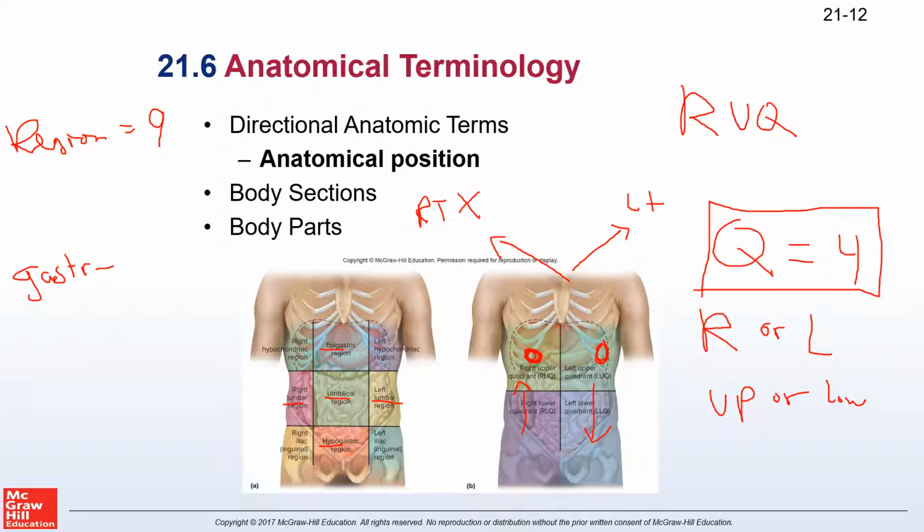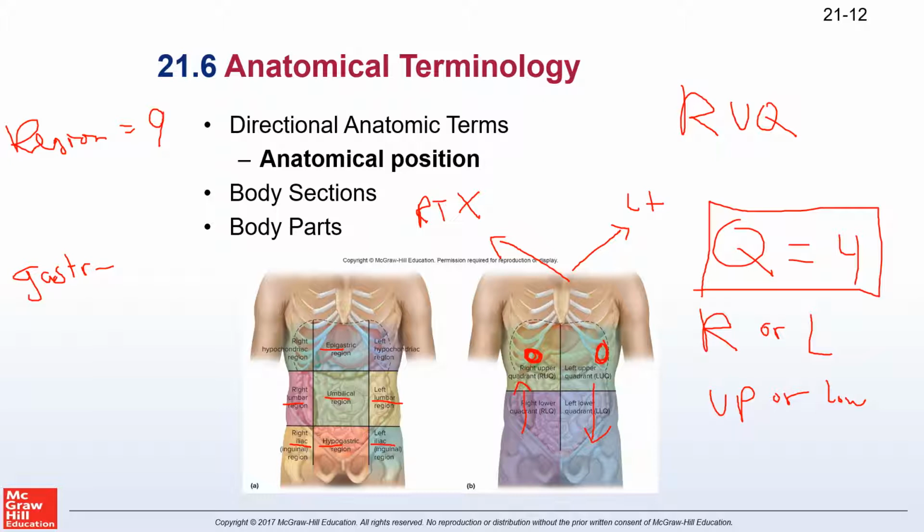That part of the hip bone, the coxal bone, is actually called the iliac. So the iliac crest. So we have the right iliac and the left iliac. The old term was inguinal, and that was for males, because males have an inguinal canal. So they changed it to a term that is unisex. Iliac. Right iliac, left iliac.